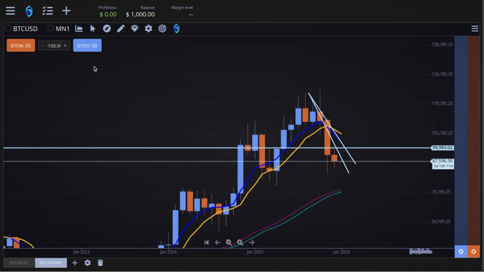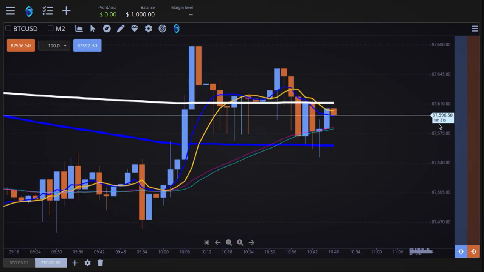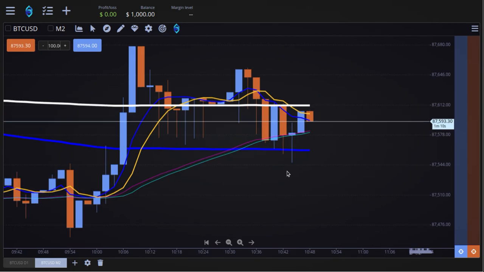Let me go to a smaller time frame to give you a better understanding of what I mean. The price right now of Bitcoin is at 87,596 and 50 cents. This line right here represents the right price action.